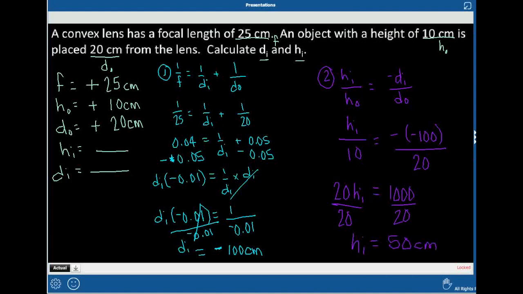Okay, since it's positive, that means it's upright. And it's going to be larger because you see how this one was 10 and this is 50, so it's going to be larger, our image. Okay, so that's how you would do a convex lens problem.